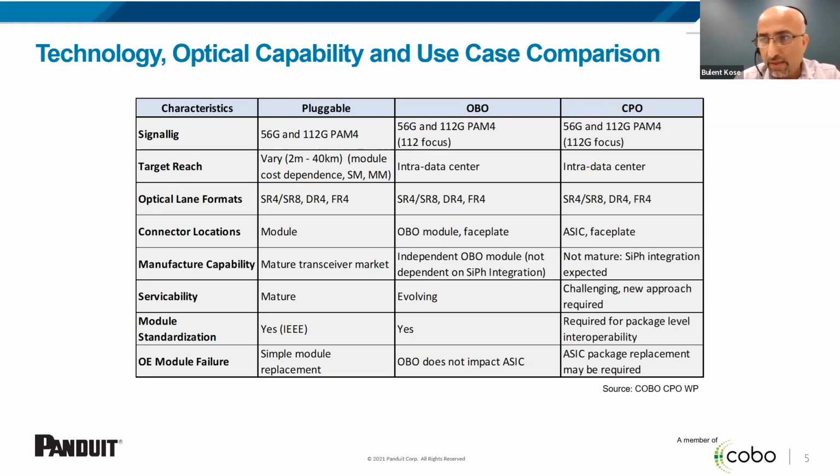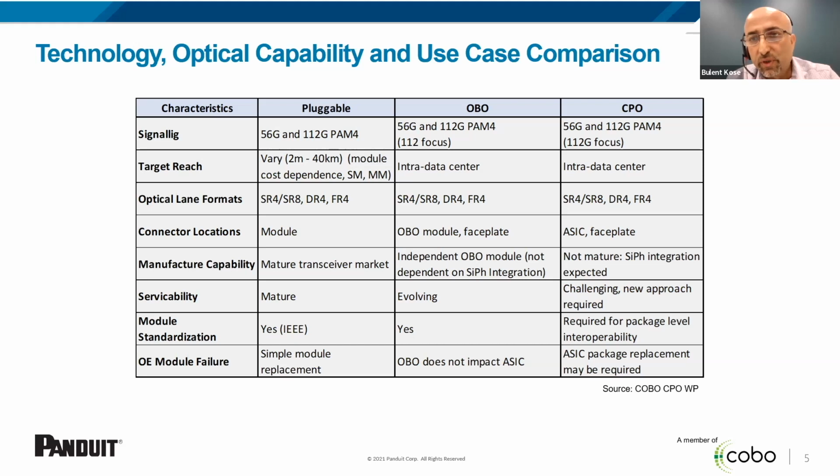These are some topics that are very relevant to OBO and CPO. For pluggables, obviously it's a very mature market. We've been making these since the 1990s, and it's a very, very mature market.